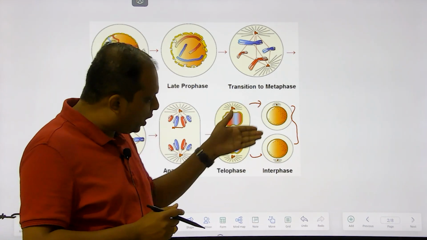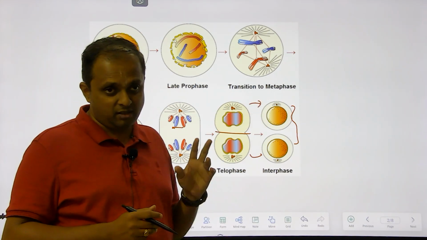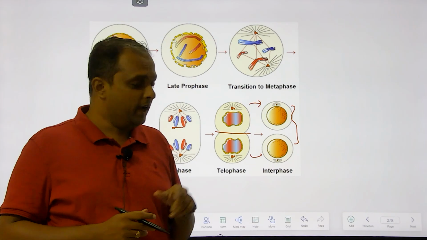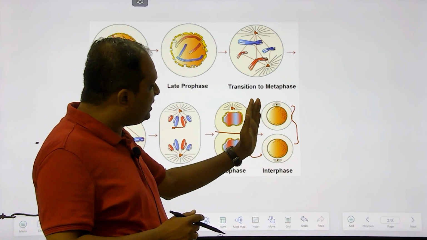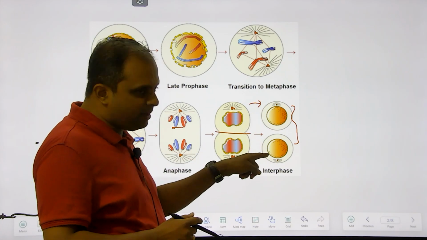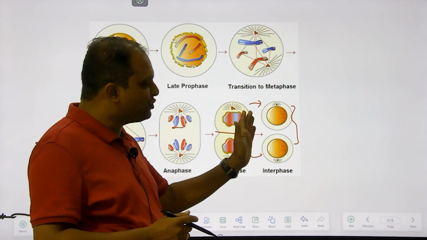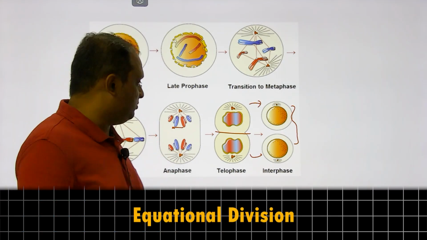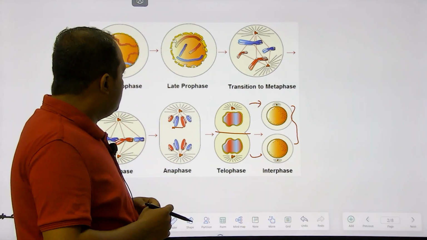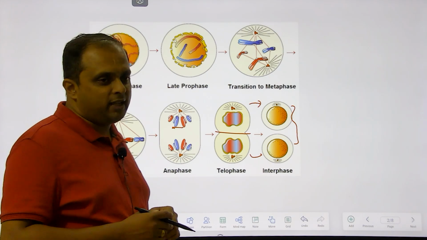That is, there are two daughter cells formed, whereas in meiosis there should be 4, here 2, and these two daughter cells are going to be exactly the same among themselves, and also when you compare them with the parent cell. Hence mitosis is what is called an equational division, right? So this is all regarding mitosis.